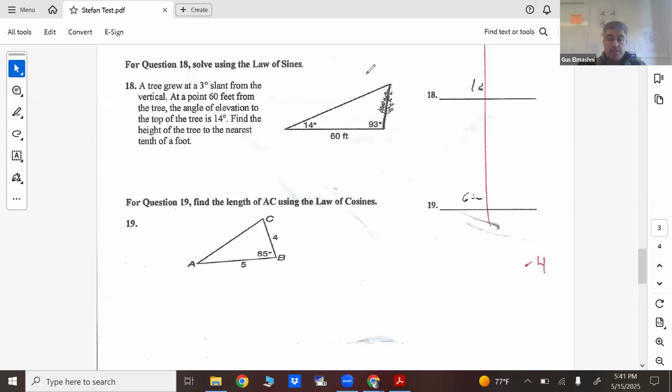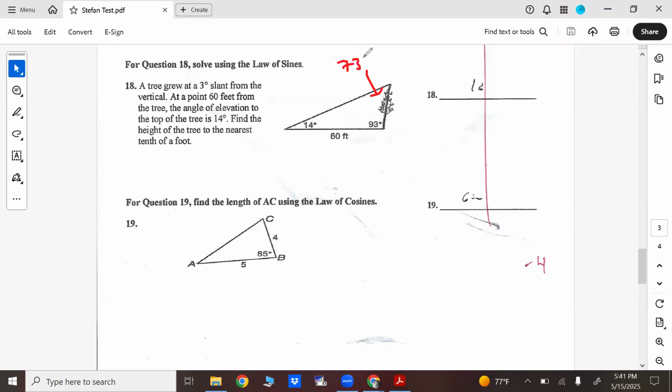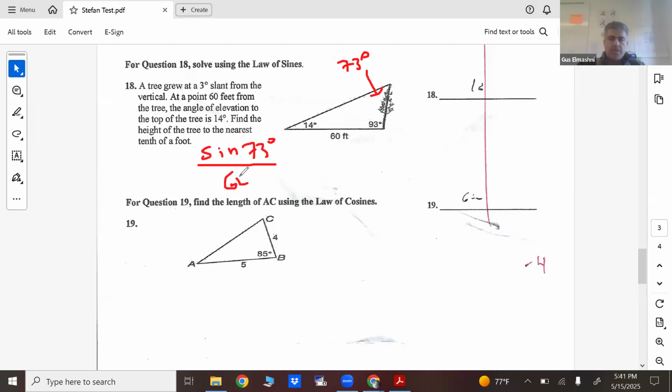Yeah, so if that's 14 degrees, 93 degrees, this has to then be 73 degrees. Over 60 equals sine 14 degrees over x.